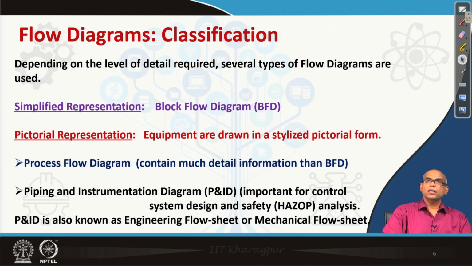Piping and instrumentation diagram, commonly known as P&ID diagram, is also known as engineering flow sheet or mechanical flow sheet. So, most commonly chemical engineers will use process flow diagram and P&ID diagram.